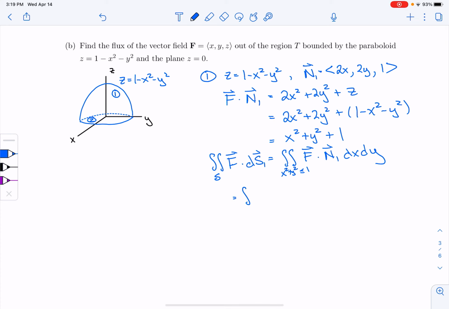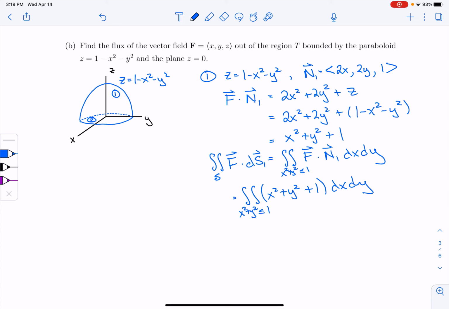So this is a double integral of x squared plus y squared plus 1 dx dy, okay, over the circle x squared plus y squared less than or equal to 1.